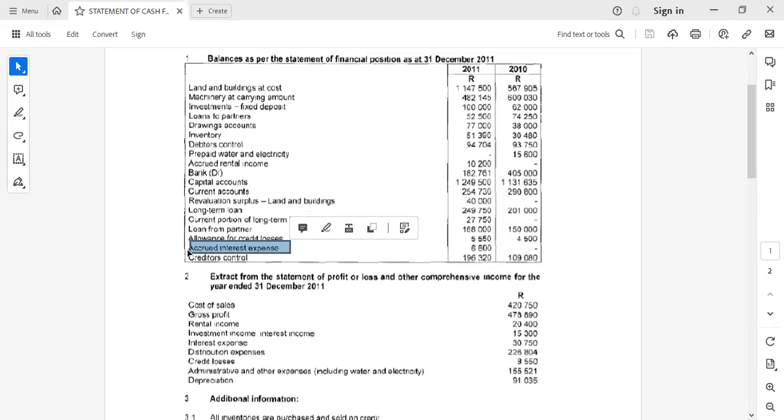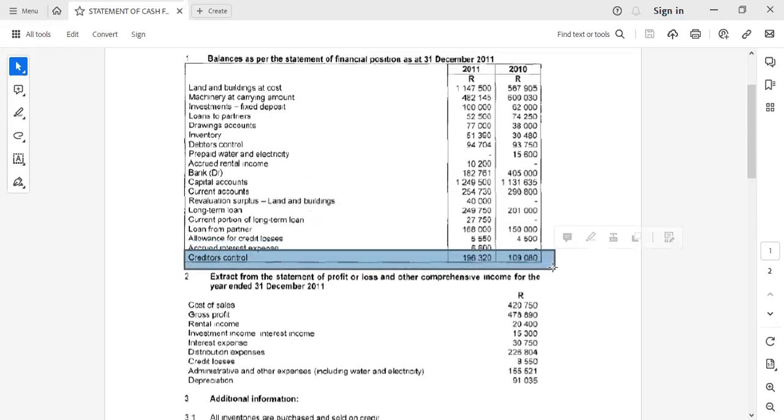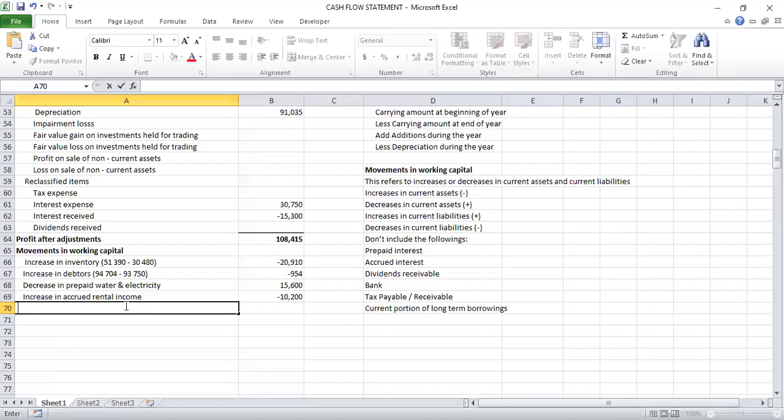Right, we have got creditors control. There was an increase from 109,080 to 196,320. Increase in creditors control: 196,320 minus 109,080.